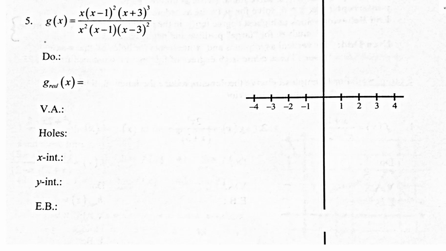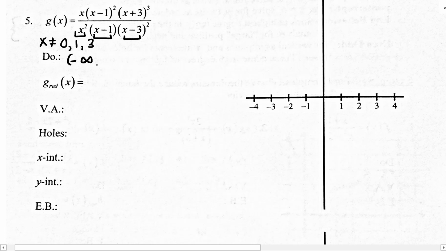So, as a note to myself, x cannot be whatever makes this 0, which is 0, whatever makes this group 0, which is 1, and whatever makes this group 0, which is 3. Those are the three things that x cannot equal. They will either be asymptotes or holes, both of which are non-inclusive. So I will use entirely parentheses to do the domain.